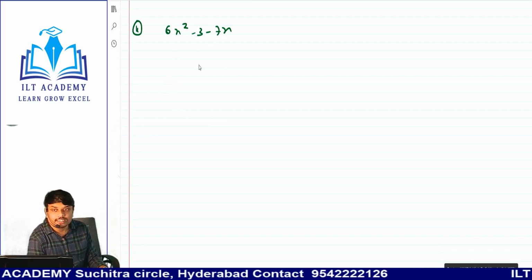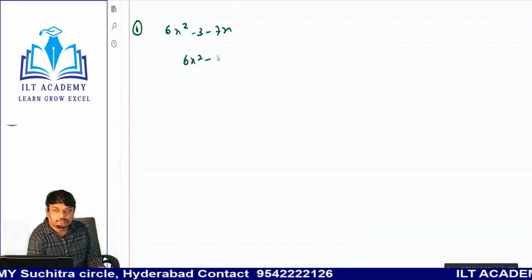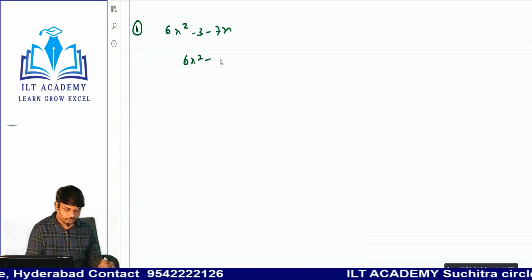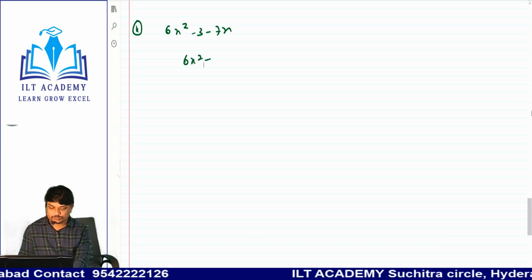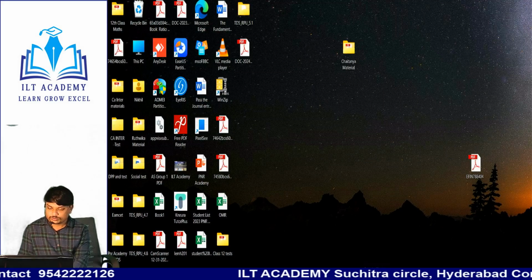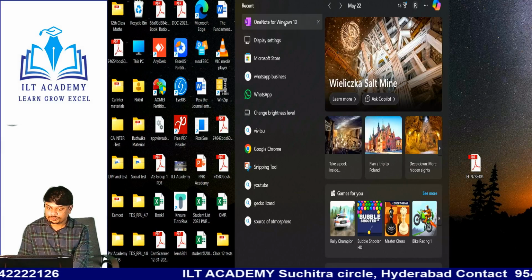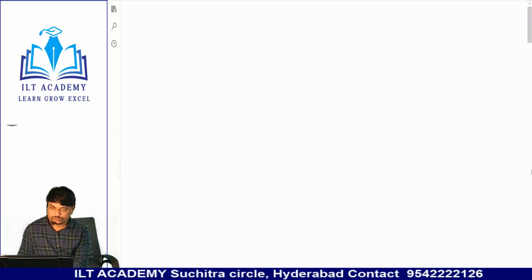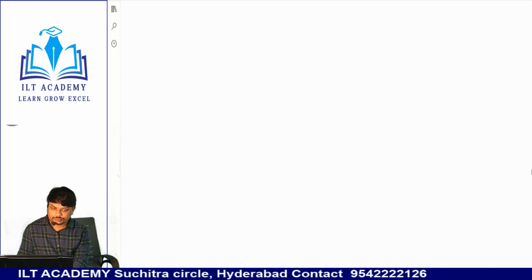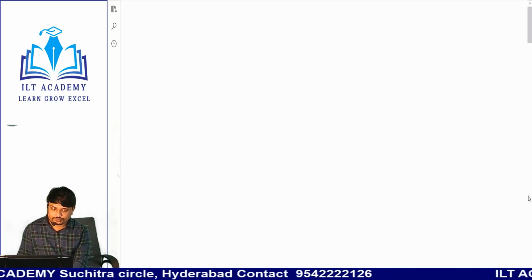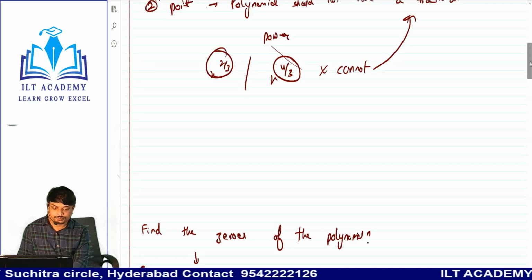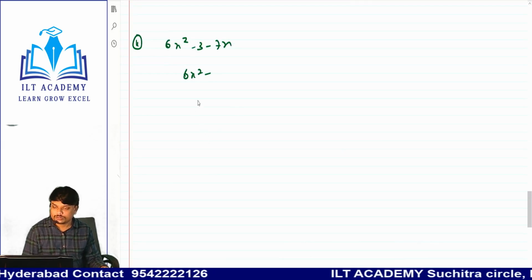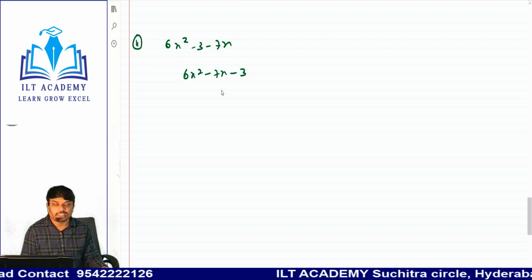So we need to write that in order first. So 6x square minus 7x minus 3.